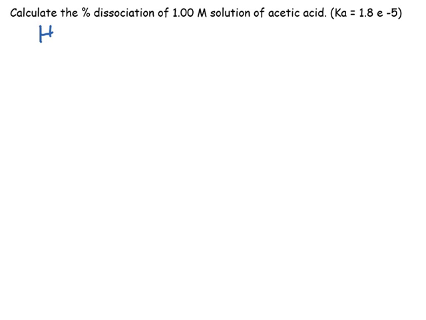Well, it's simply HC2H3O2. And actually, you don't even need to know what acetic acid is. You just need to know that it's a weak acid, because you know it's going to dissolve into H plus and an acetate ion.